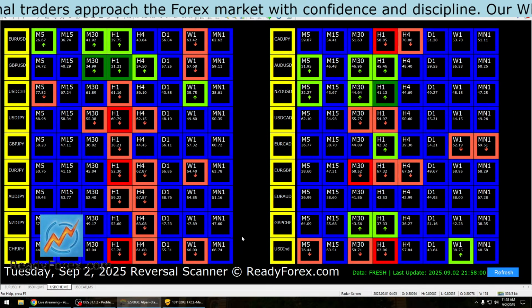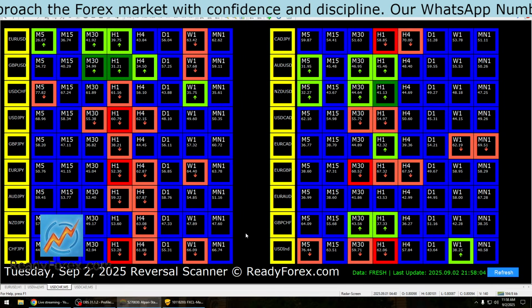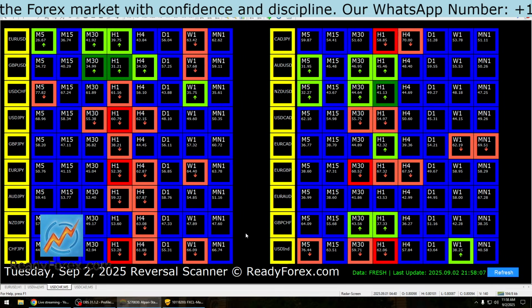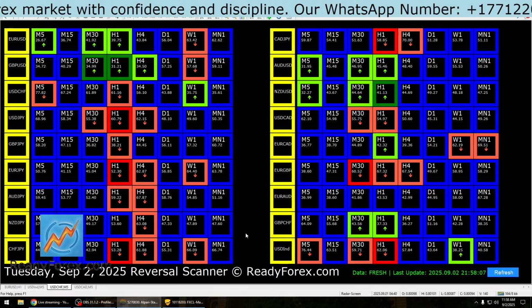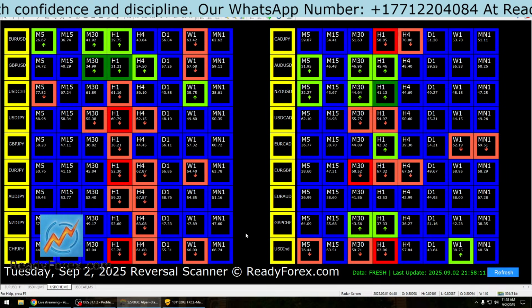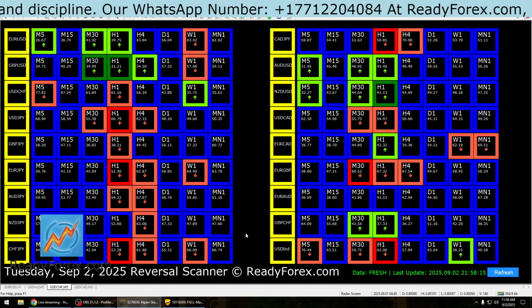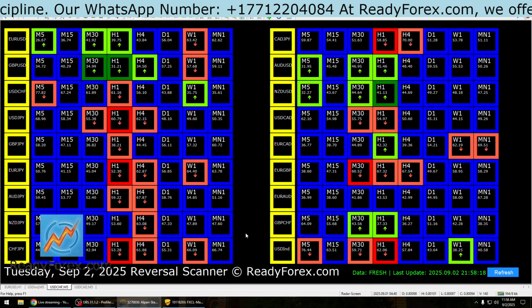Let's take a look at the reversal scanner. Okay, EURUSD, GBPUSD, same goes with AUD and NZDUSD pairs, they are going down, and the US dollar, Swiss franc, USDCAD, even the US dollar index is going up. The Euro GBP actually looks interesting.